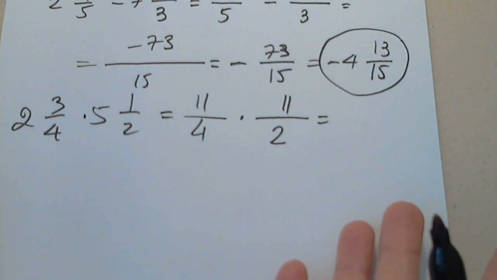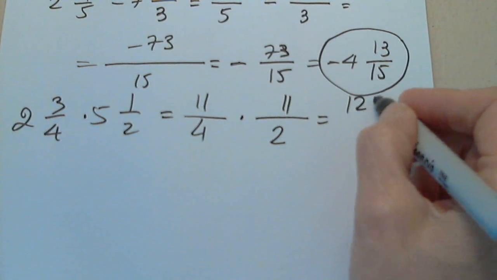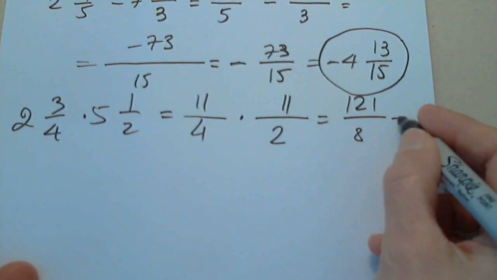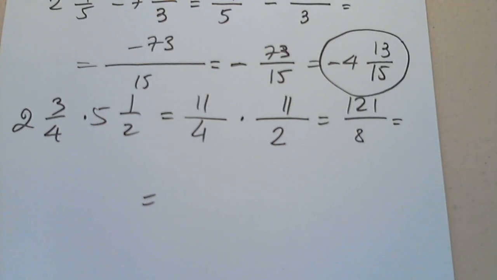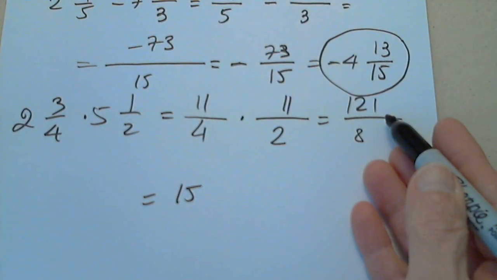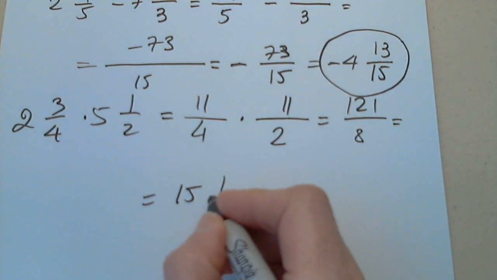Now there is nothing we can simplify here. 11 times 11 is 121. 4 times 2 is 8. Take the integers out very easily. You can use the calculator and you have 121 divided by 8, and we get 15. Then 15 times 8 is 120. So 15 and 120 subtracted from 121 is 1 over 8.